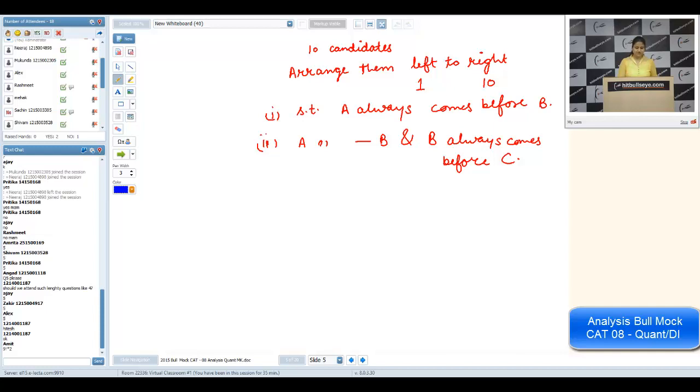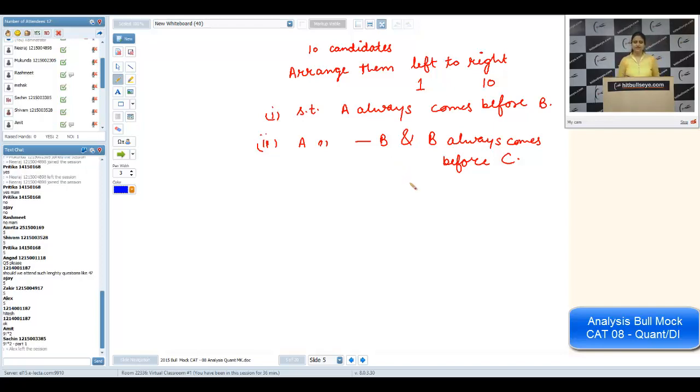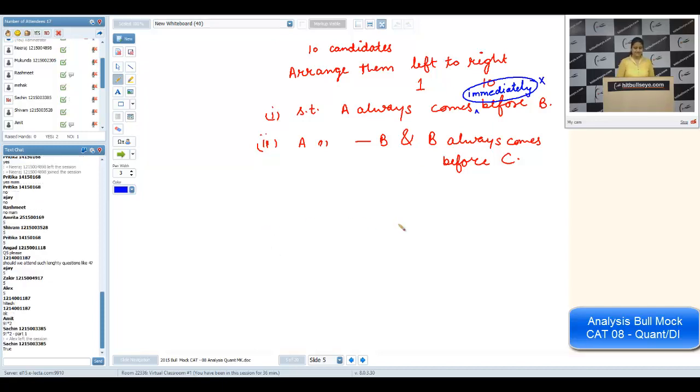Amit, this is not a circular arrangement. 9 factorial divided by 2, part 1. Okay, here is the problem, Amit and Sachin. I'm not saying that A always comes immediately before B. I'm saying A always comes before B. I'm not saying the word immediately. I think you are answering for the immediately case, but this word is missing here. So this is not the answer. Please correct it.